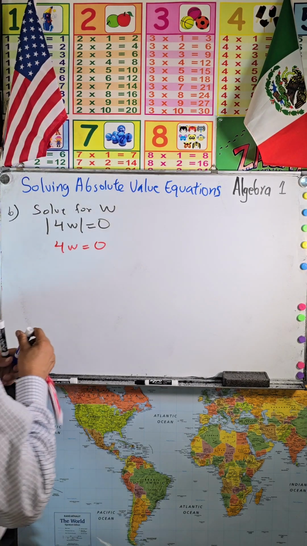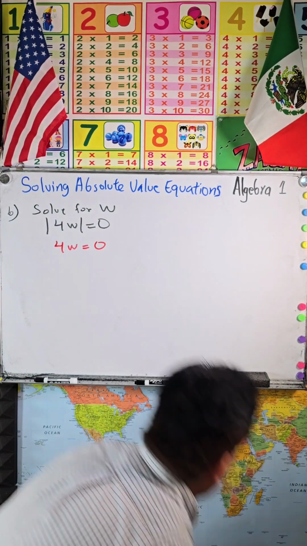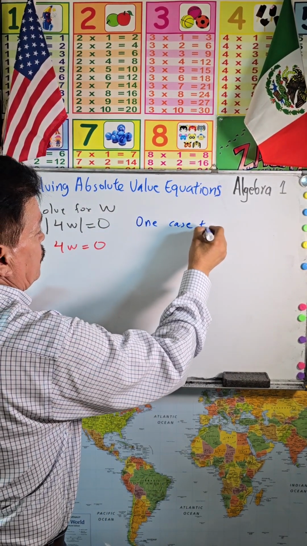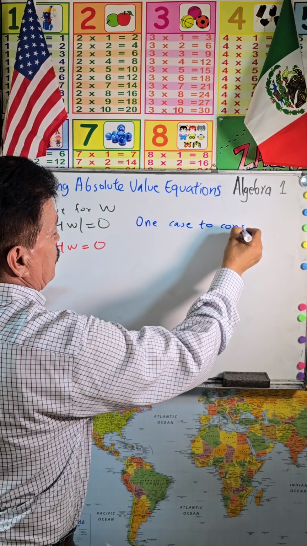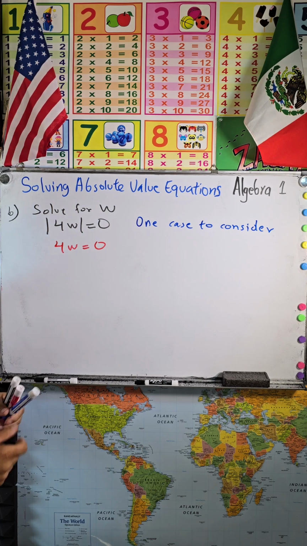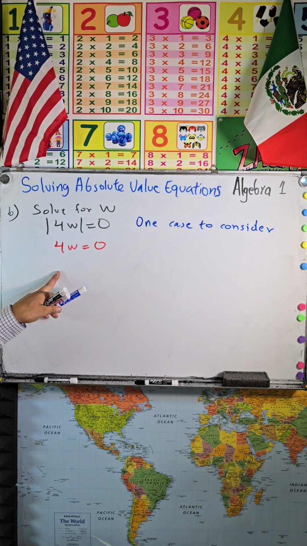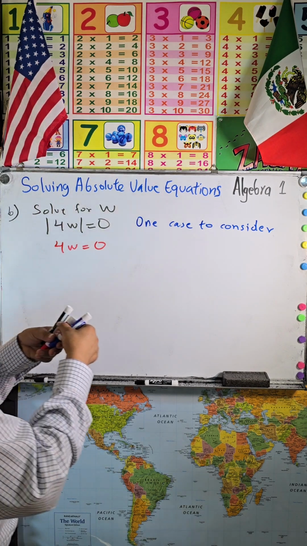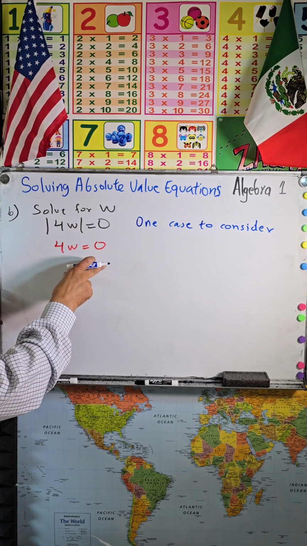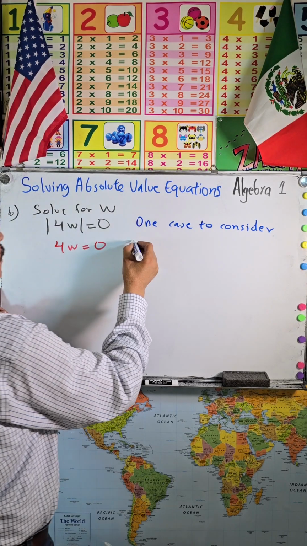So, one case, because the absolute value is equal to 0. Now the next step is to divide both sides by 4.